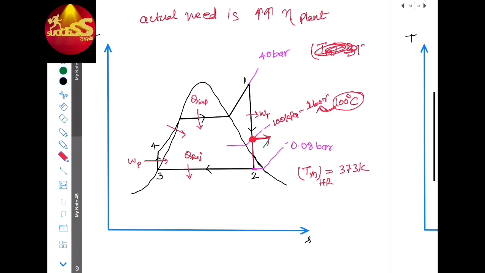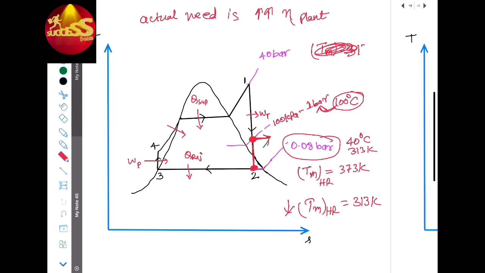Okay, but if we expand till here at point 2, what is this pressure? 0.08 bar. And what is the saturation temperature corresponding to this pressure? It is around 40 degrees Celsius, or 313 Kelvin. So the T mean of heat rejection now comes to 313 Kelvin, which is decreased.